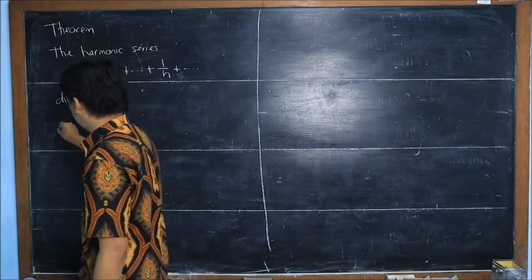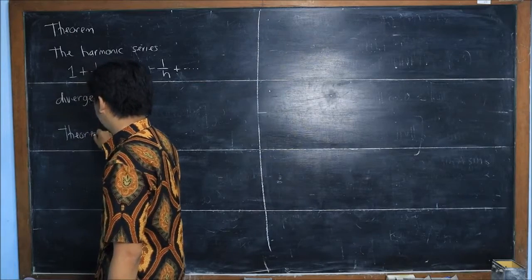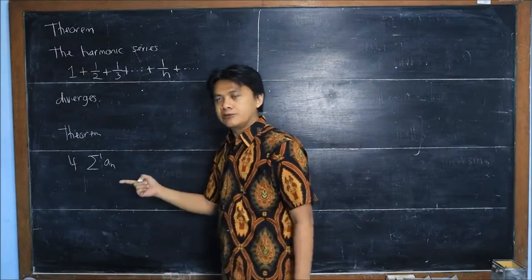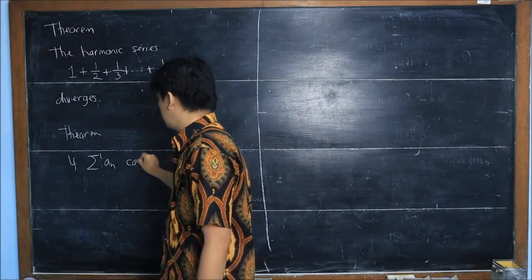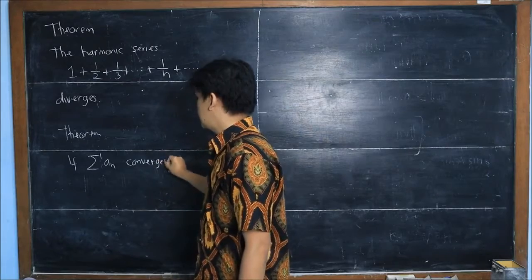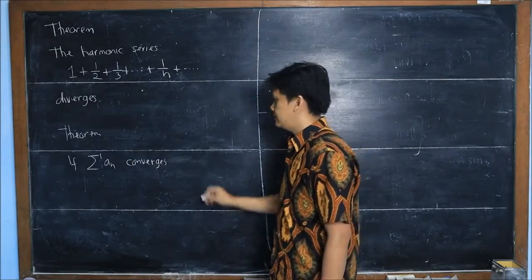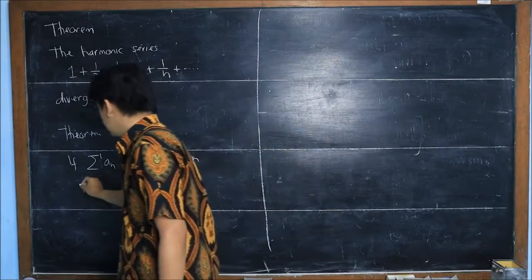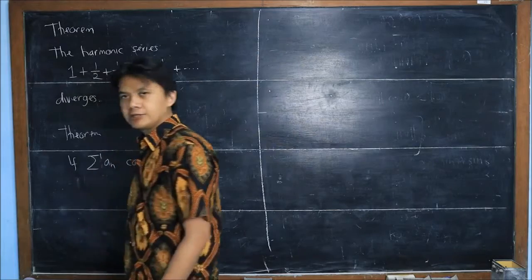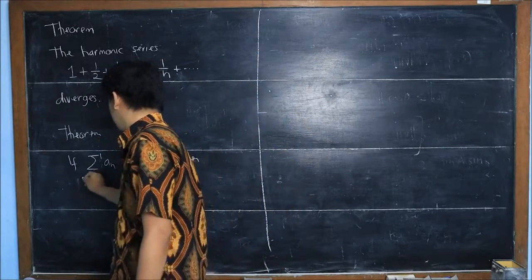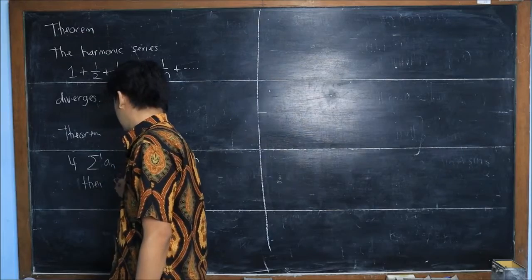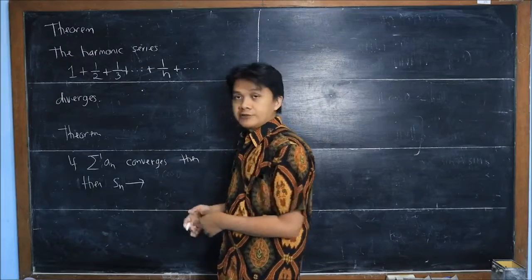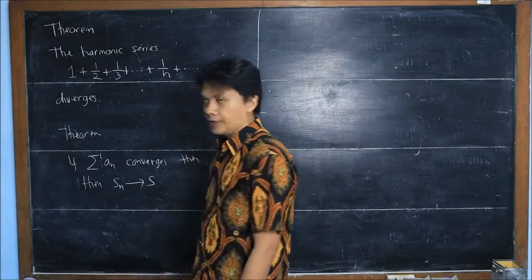One of the theorems that we are going to use is that if we have a series which is convergent, then the partial sum is a convergent sequence to the sum S.